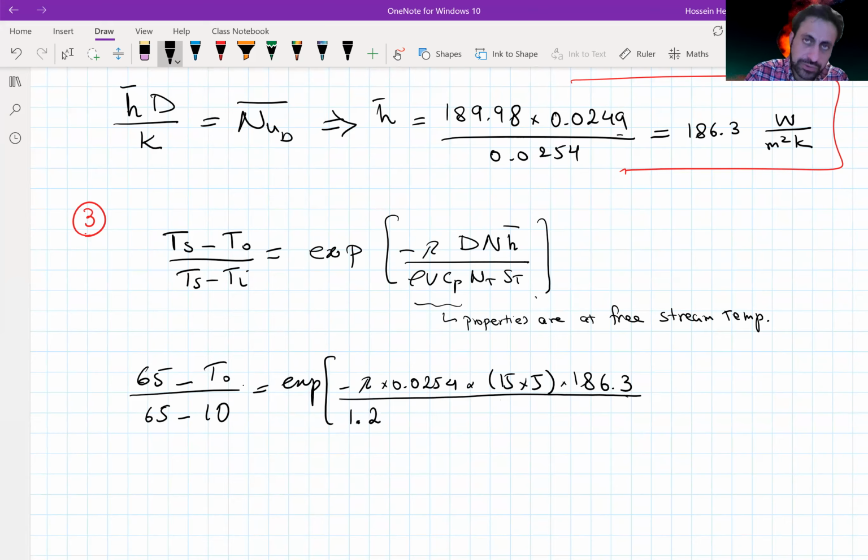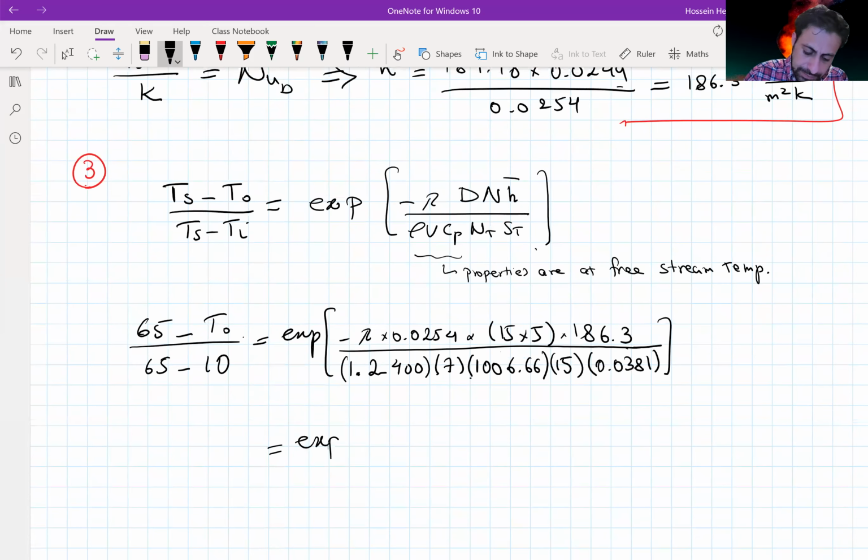Density is 1.2400. Velocity was 7 and Cp was 1006.66. NT was 15 and ST was 0.381.